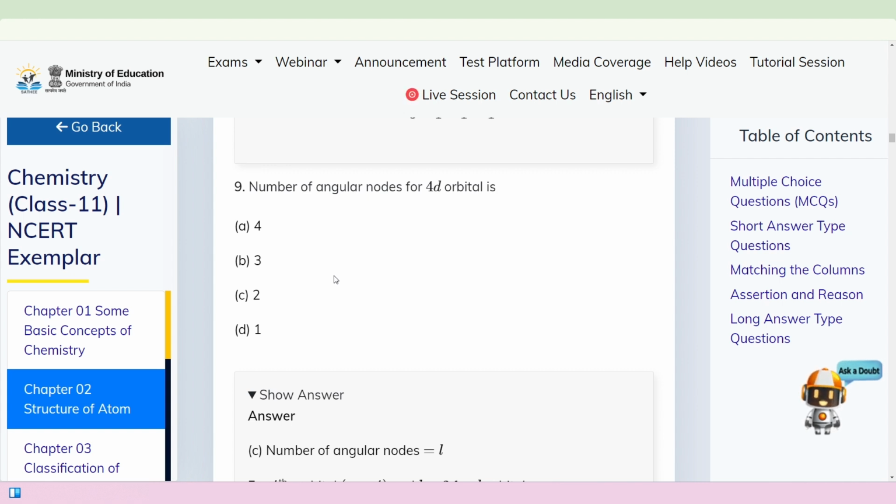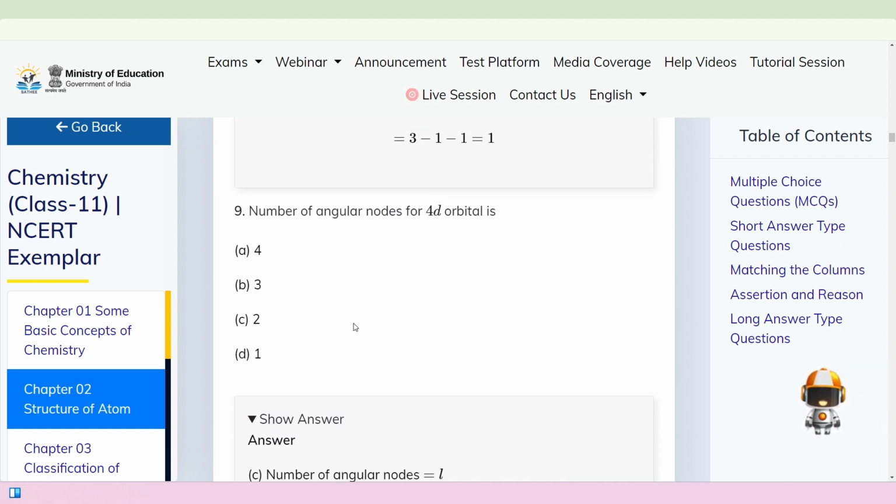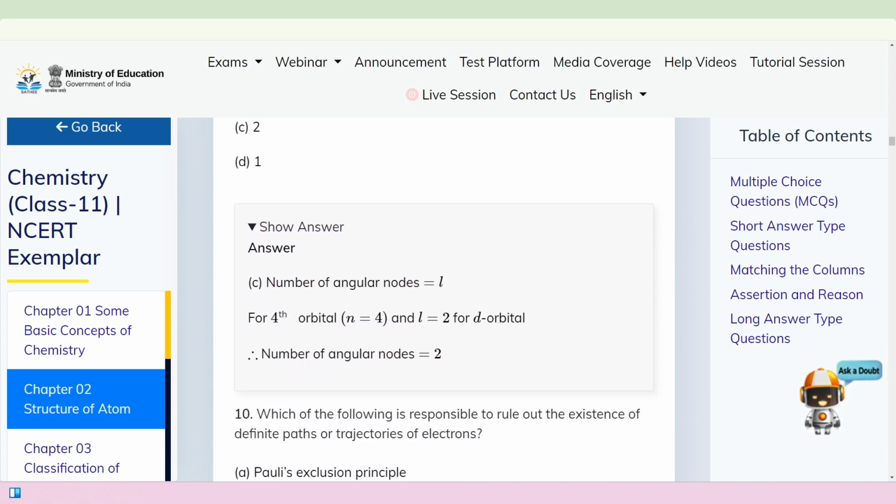It has no angular nodes because the value of L is 0; there is only the s subshell present. And since n is equal to 1 and L is equal to 0, the radial nodes will be 1 minus 0 minus 1, so again the radial nodes are 0. Therefore, the total number of nodes will be 0. Clear? Okay.